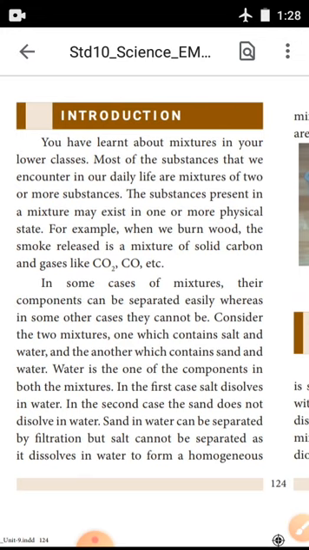Yes, the mixture contains two or more substances. And the mixture may exist in three types of physical state: solid, liquid, gaseous matter. You know very well what is a mixture. It contains two or more substances.